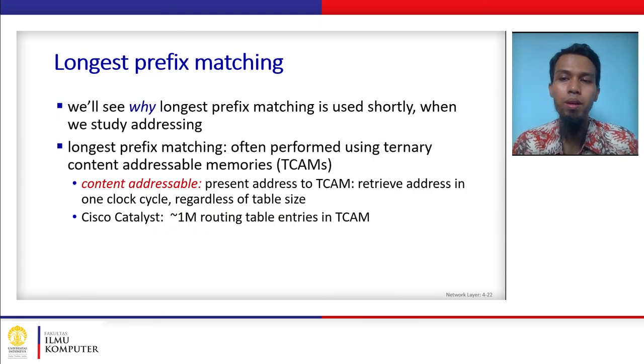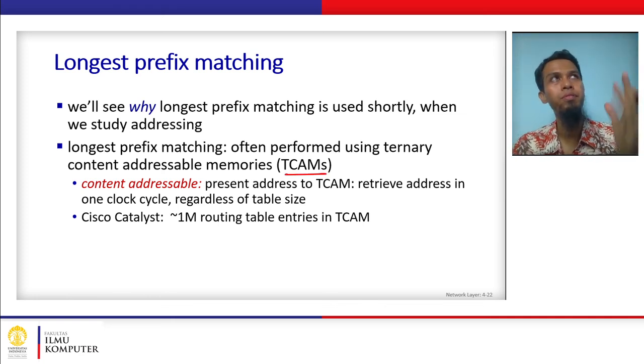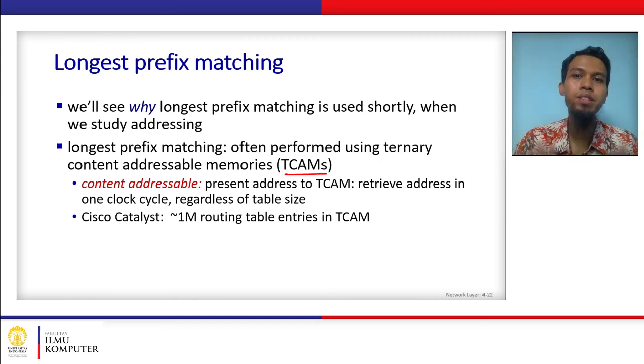We'll see why longest prefix matching is used in the next section when we talk about addressing and how it is implemented. In routers, there is ternary content addressable memory, which is memory specifically for storing addressing tables.